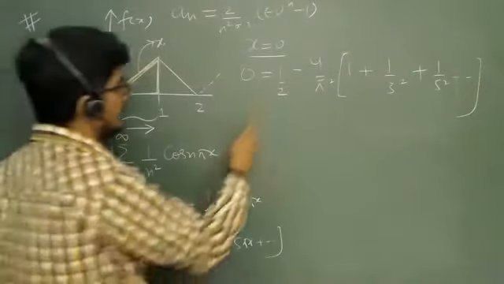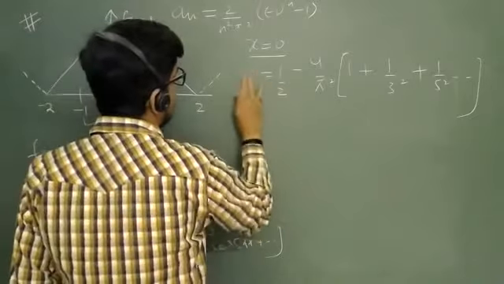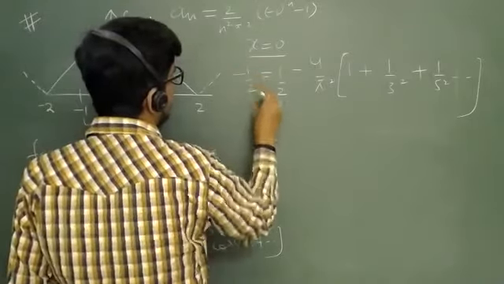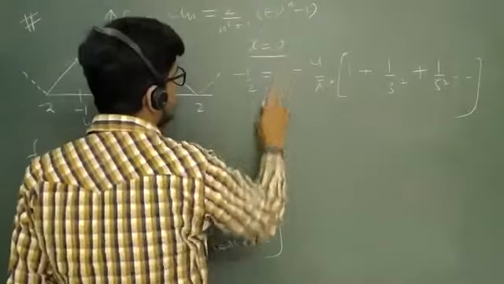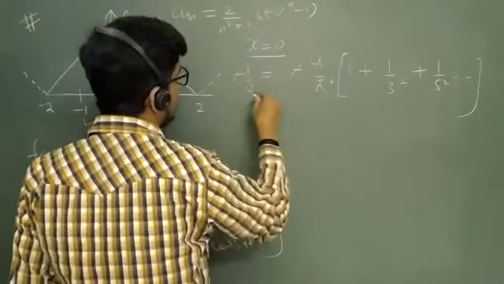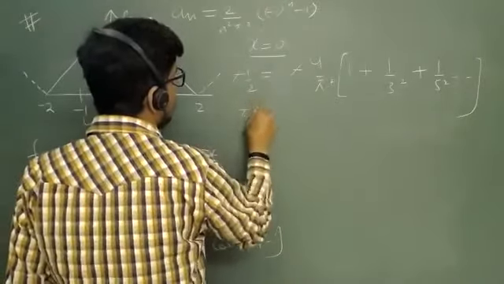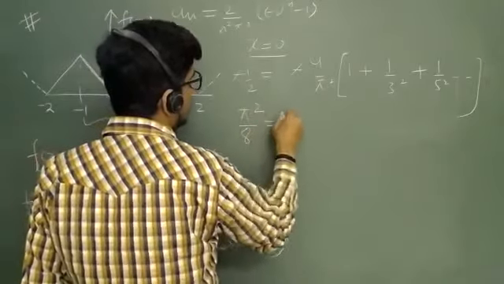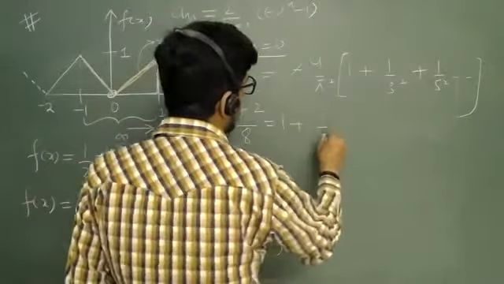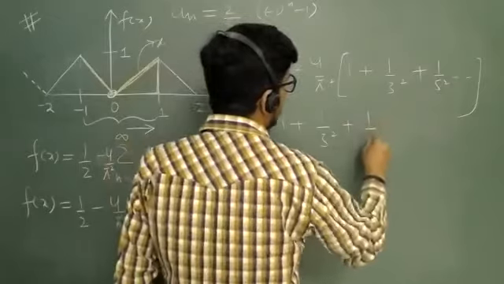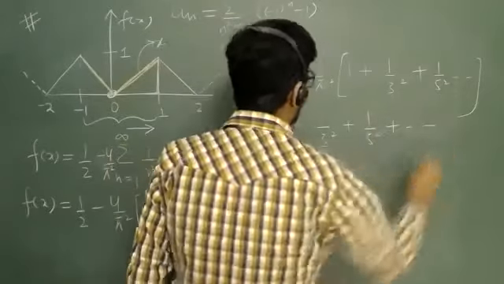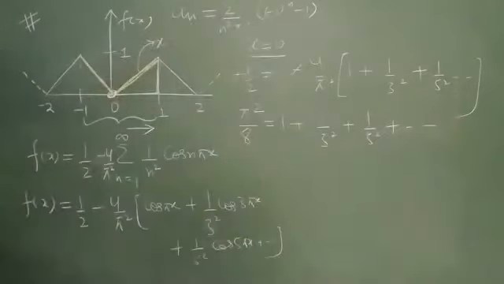And then you take this on this side, it will become minus half, right? Then this minus will be gone. So it will become pi squared by 8 is equal to 1 plus 1 by 3 squared plus 1 by 5 squared plus and so on. So this infinite series will sum up to pi squared by 8.